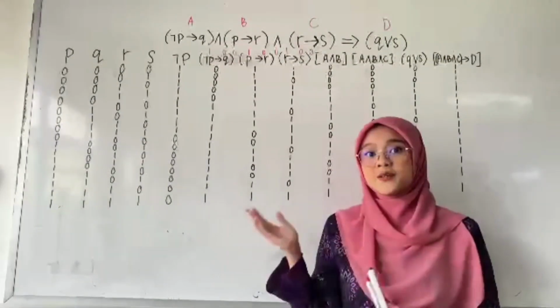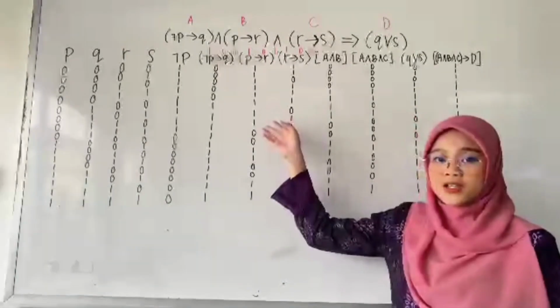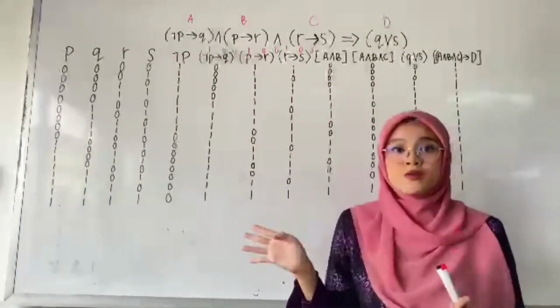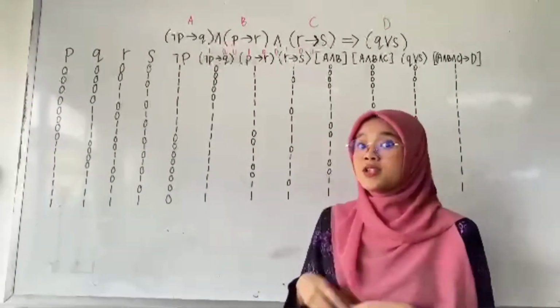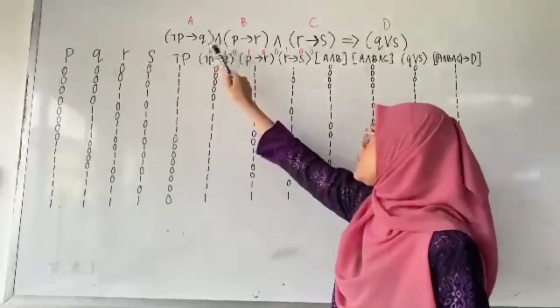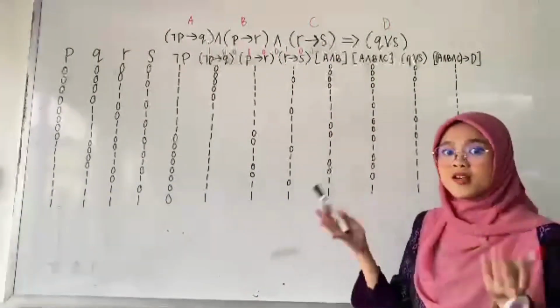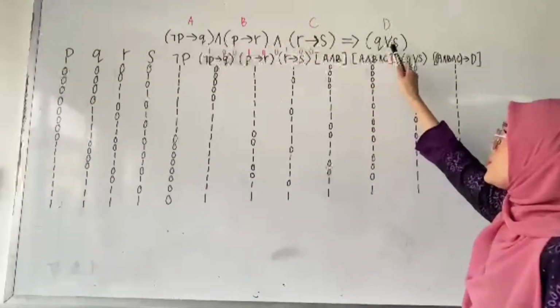Now I will explain how to do example 2. Here we have to use the truth table to determine whether the statement "not P implies Q, and P implies R, and R implies S" logically implies "Q or S."